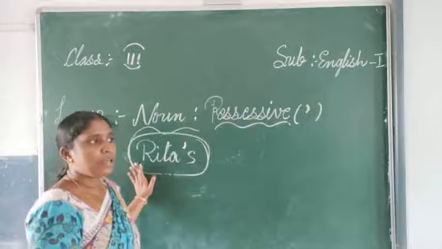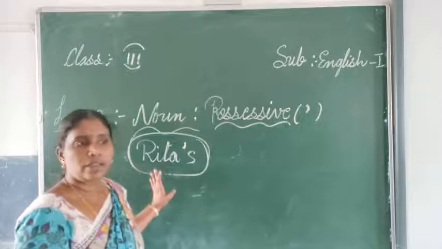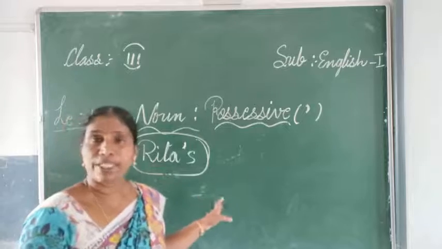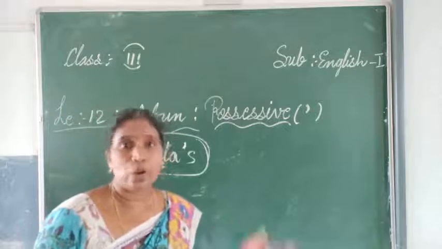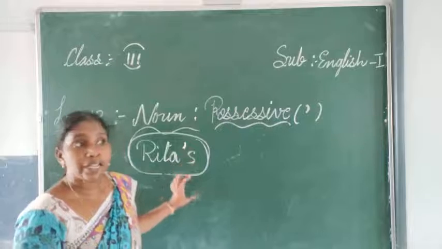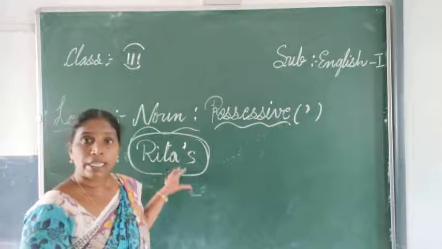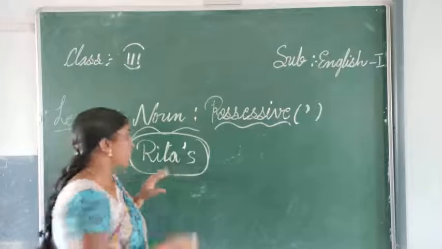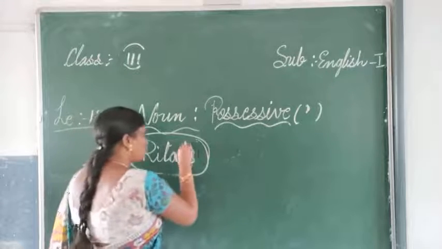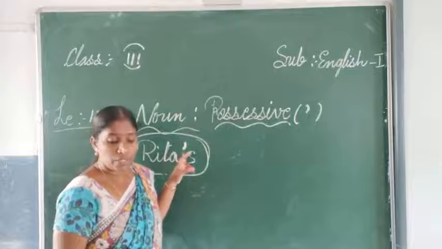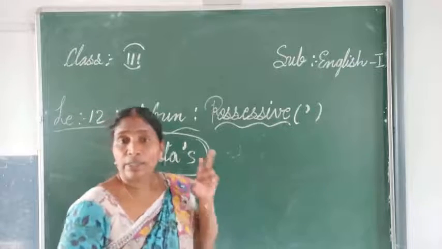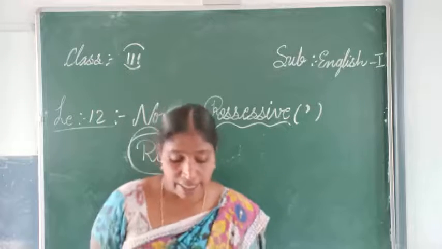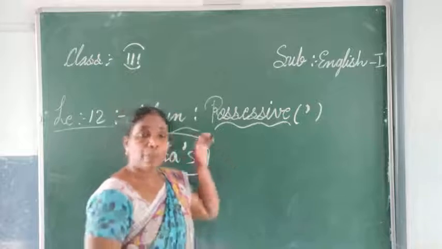Rita book, we cannot say. Is it Rita book? That is a question. It may be Rita's or not. But here, Rita's book. Rita's book is on the chair. So in this situation, this apostrophe makes it clear that this belongs to a particular person.